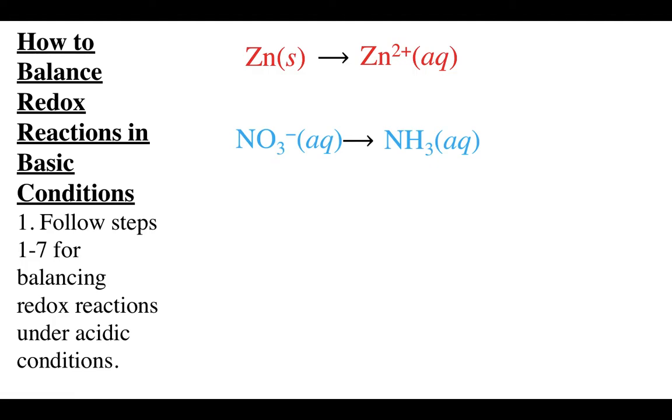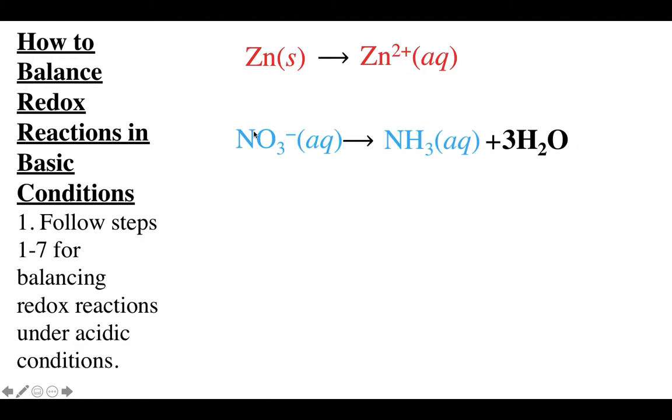We add water molecules to the other side of the equation. Here we have 3 oxygen atoms, so how many water molecules am I going to add to this side? I hope you recall that we're going to add 3 water molecules, or 3 moles of water, because 3 times 1 oxygen atom is 3 oxygen atoms. So now the oxygen atoms are balanced.